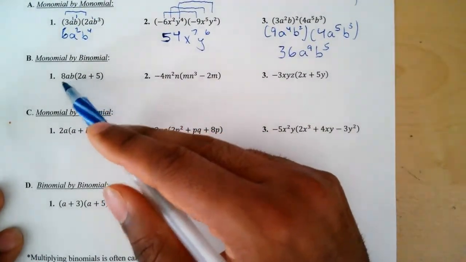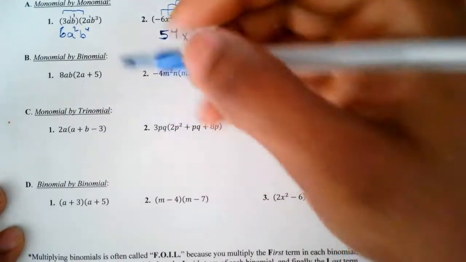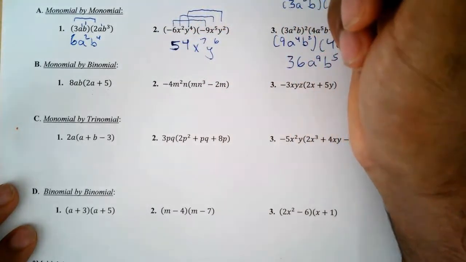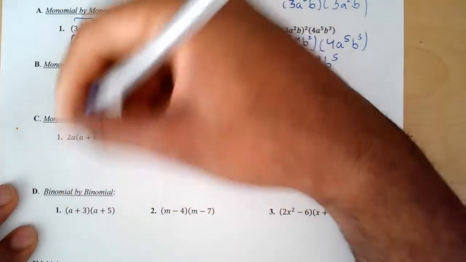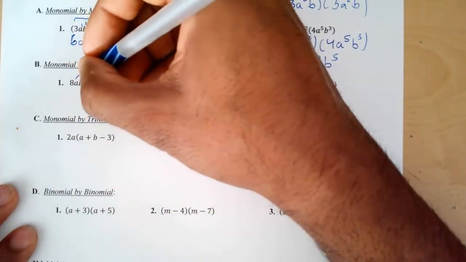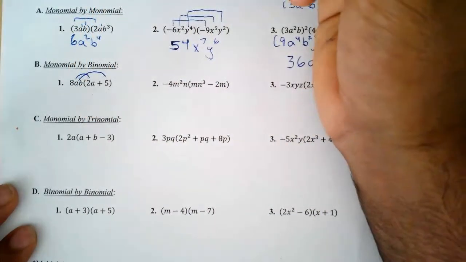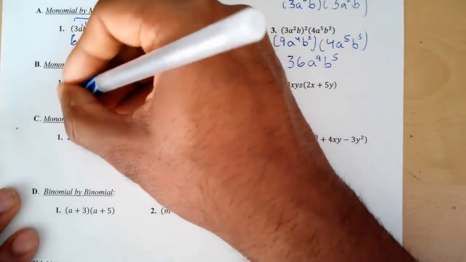All right, so let's go to the monomial and binomial. So we've got our monomial here and our binomial here. So it's two terms, right? The 2a plus 5. Here, I guess you could say FOIL, but it's not really FOIL here. You're just going to multiply the monomial to the first term, and then multiply the monomial to the second term. So 8 times 2 is 16.